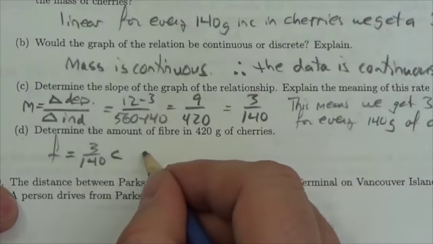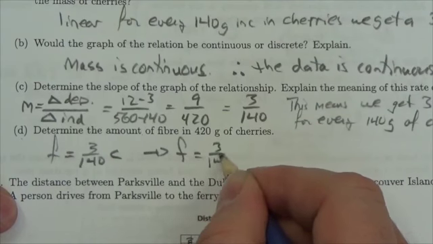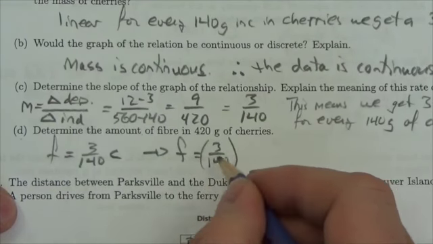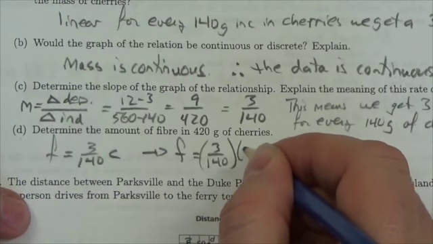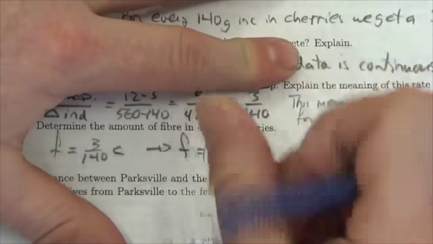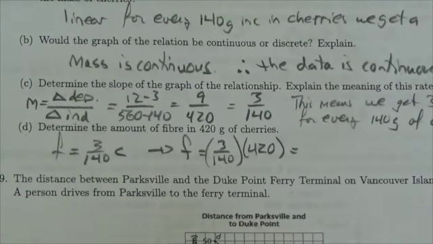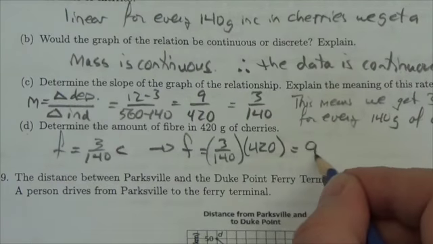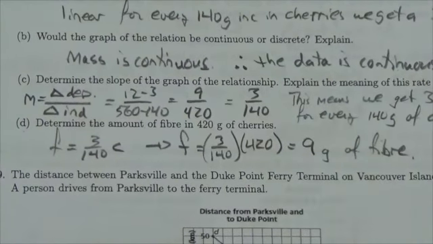In this case, the amount of fiber is going to equal 3 over 140, which is basically the slope of the line, or the ratio here, and then I will multiply that by 420. So 3 divided by 140 times 420, and I'm going to get 9 grams of fiber. There you go.